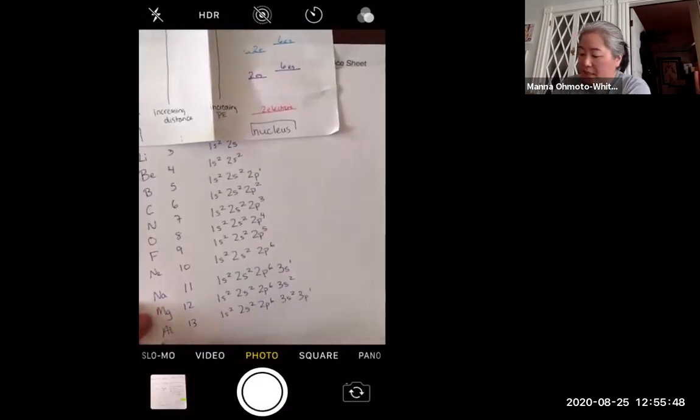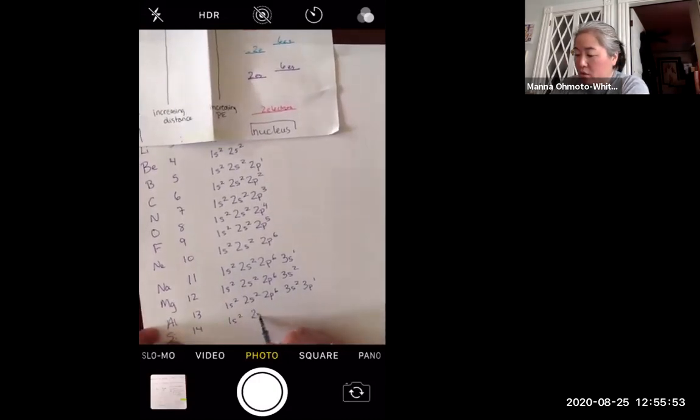Silicon, 14, 1s2, 2s2, 2p6, 3s2, 3p2. Phosphorus, 1s2, 2s2, 2p6, 3s2, 3p3. Sulfur, 16 electrons, 1s2, 2s2, 2p6, 3s2, 3p4.